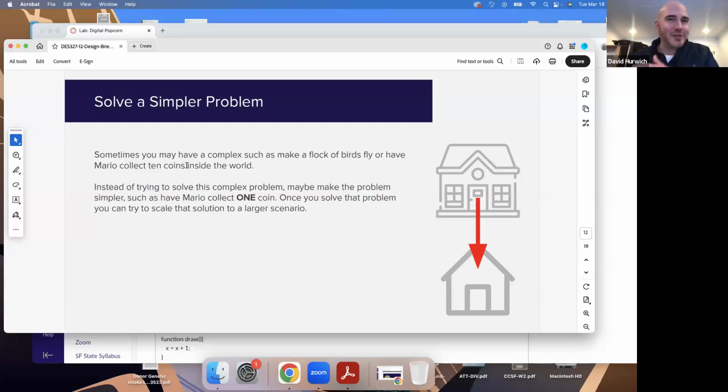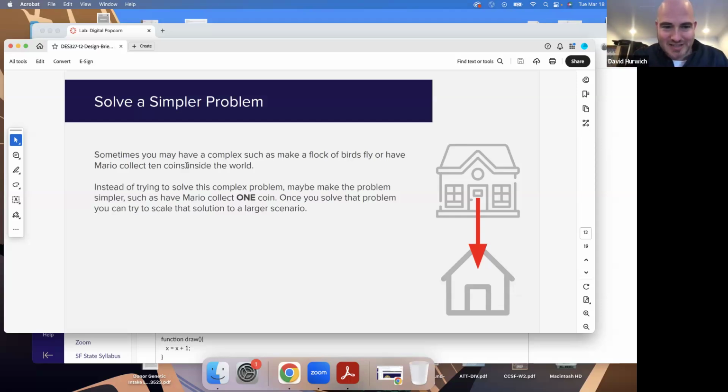Because if you can collect 1, then in theory you can collect 10. And then you'll have to write some extra code that says what happens when he collects 10, right? Or if you're supposed to animate or code a flock of birds, well, how would you code one bird by itself? And then you can probably apply a lot of that to multiple, okay?